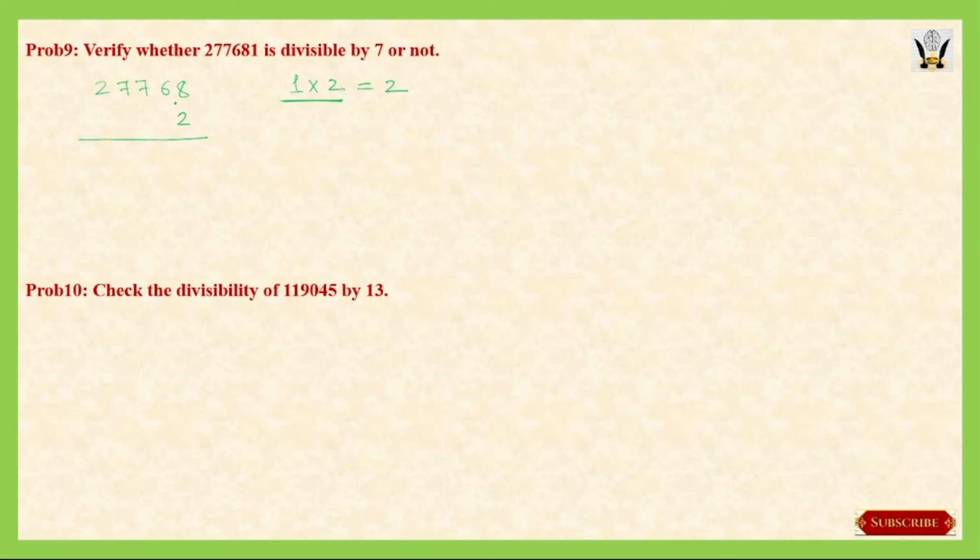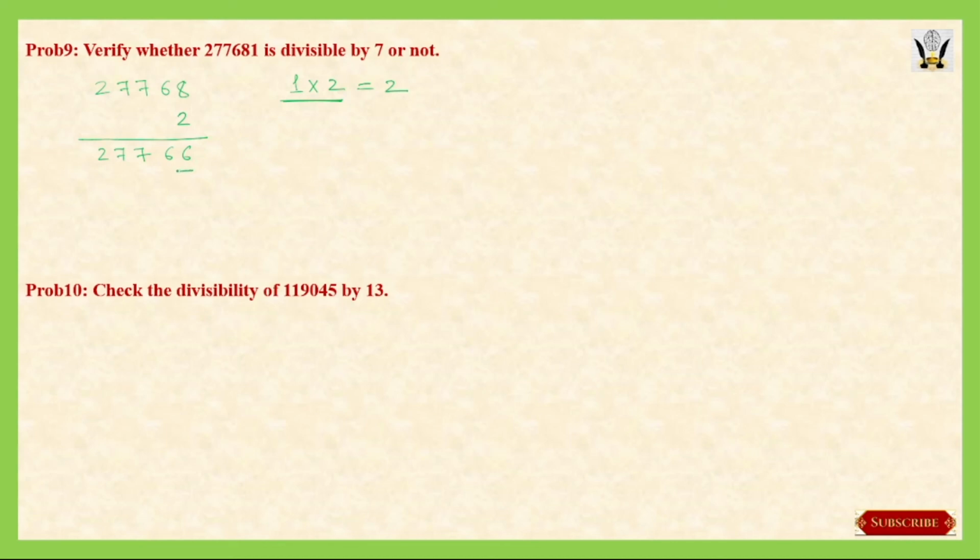Then the rest of the digits are 27768, and from that number we subtract the result of multiplication of the digit we had in the units place. So the result of subtraction will be 27766. Now again we don't know whether this number is divisible by 7, so to check the divisibility, we follow the same rule.